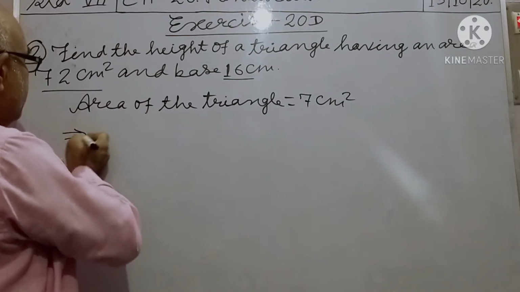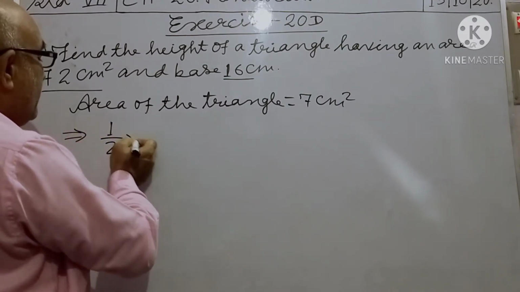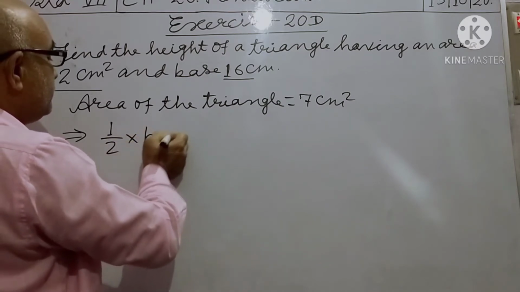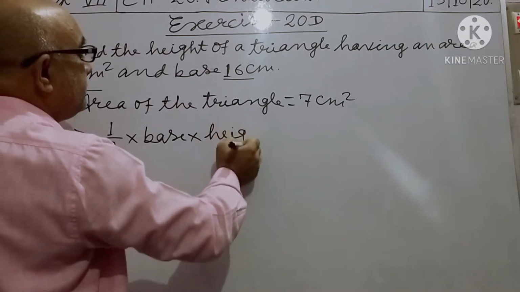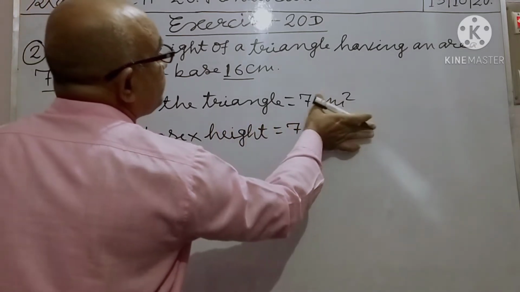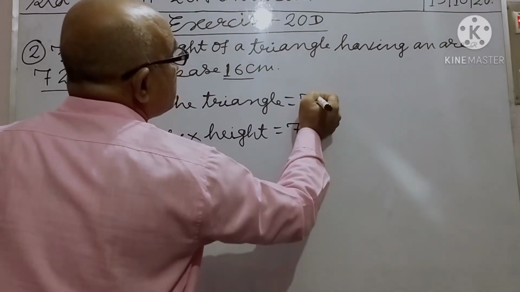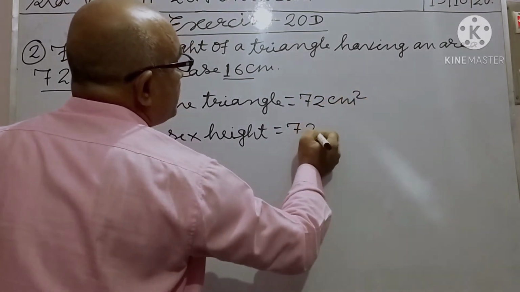That implies area of the triangle, the formula is 1 by 2 into base into height, equal to 72 cm square.